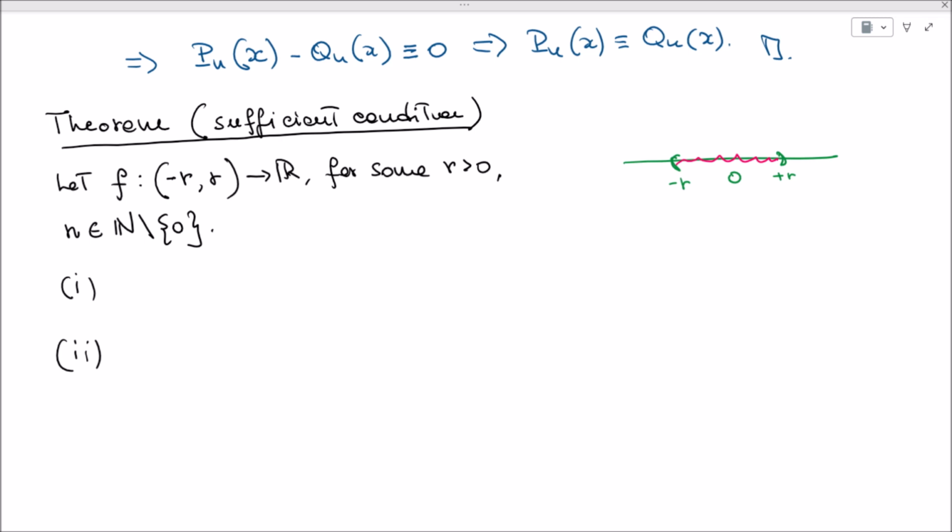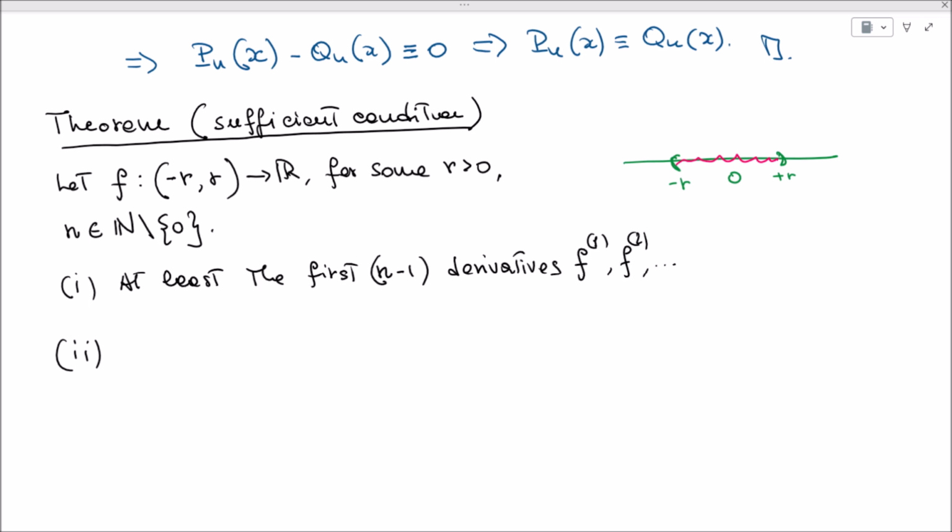First condition, we have at least the first n minus 1 derivatives, which are first derivative, second derivative, up to the (n minus 1)th derivative, they exist in the interval minus r to r.